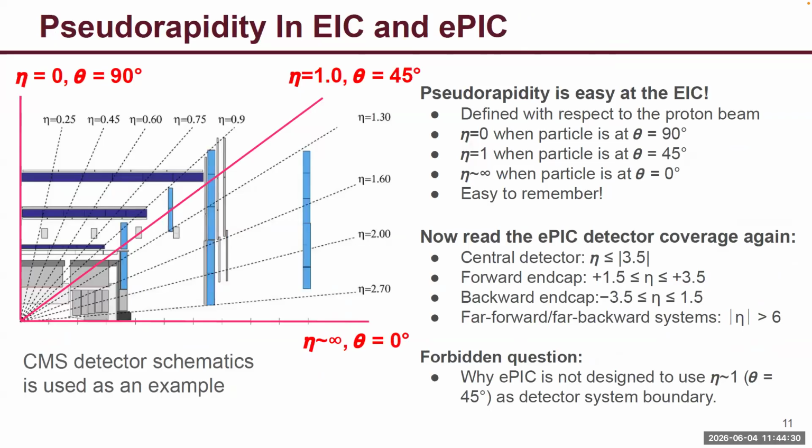A naive student working on the project would automatically assume that this is the proton boosting direction. In some senses, yes, but there is a 25 milliradian crossing angle.